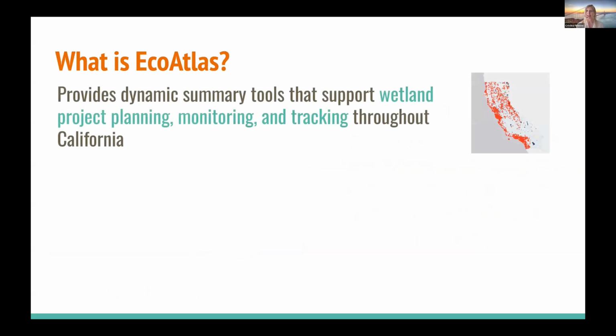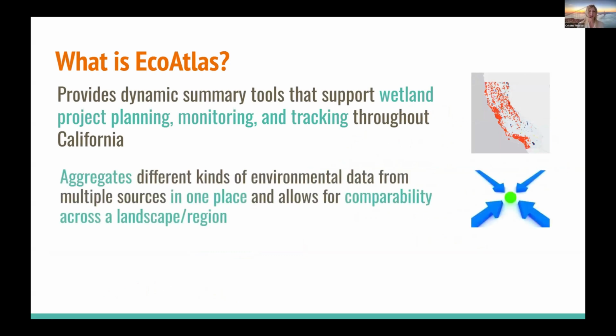EcoAtlas provides dynamic summary tools that support wetland project planning, monitoring, and tracking throughout the state of California, although we do have more information in our coastal habitat areas. It aggregates different kinds of environmental data from multiple sources in one place, and this allows for comparability across a landscape or region without having to go to all of these different websites or data repositories to get that information for your area of interest.